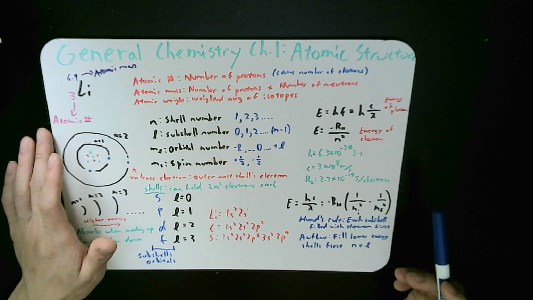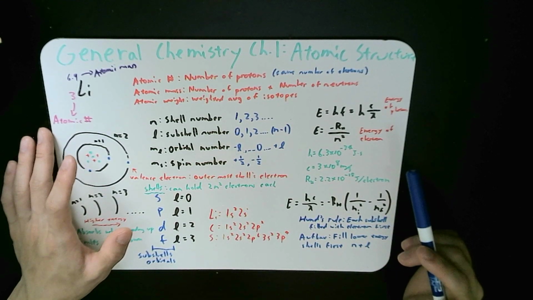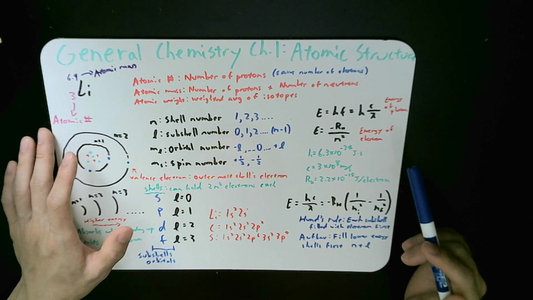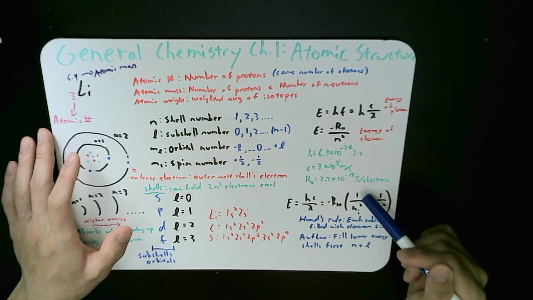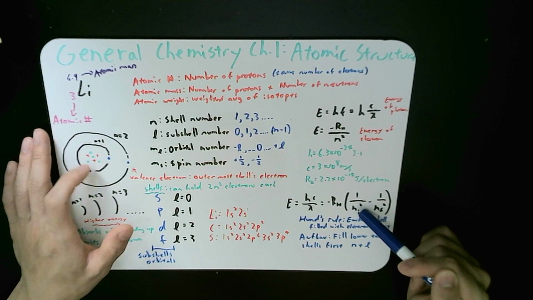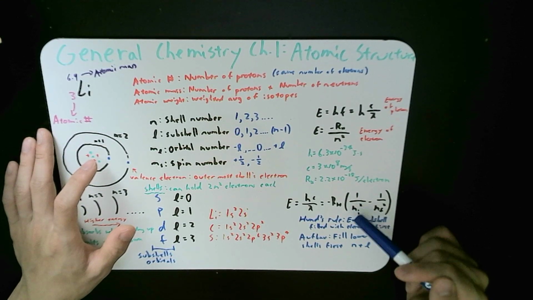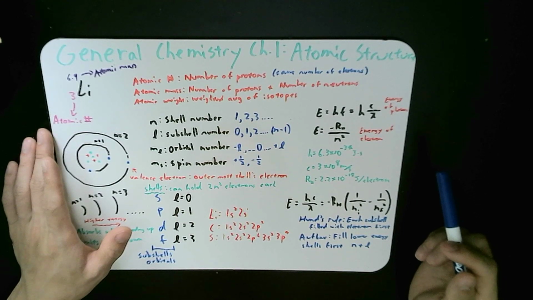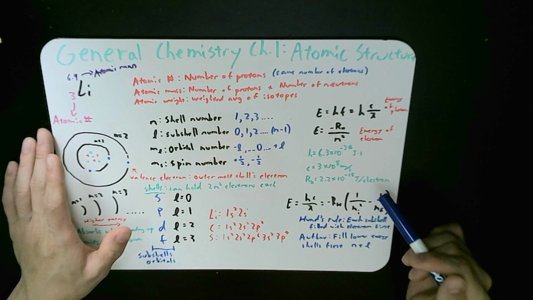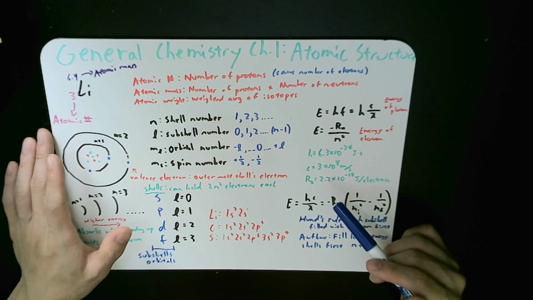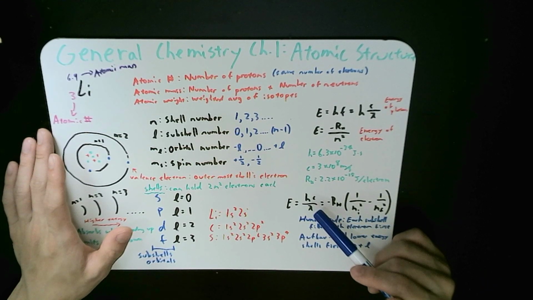Why does this matter? Because we notice that for any jump from the n equals 1 shell, 1 over 1 is 1, minus whichever number goes here, and the result is a lot bigger, which results in a much smaller wavelength.